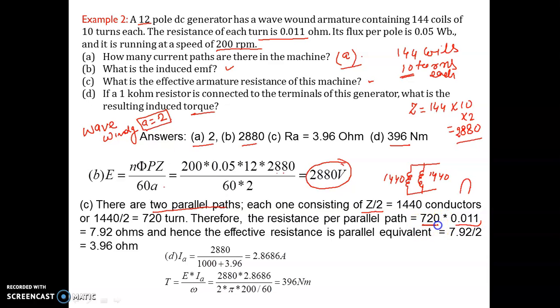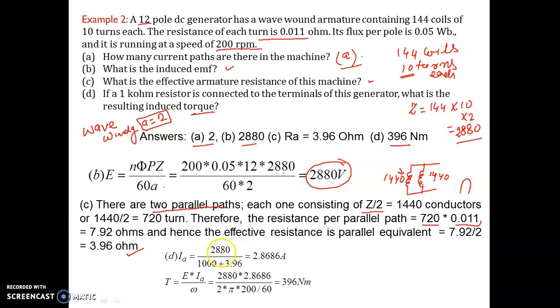So you multiply by 720 turns, and this resistance for just 1 parallel path comes to 7.92 ohm. Since two resistances are in parallel, you just divide by 2, so you will get 3.96 ohm.